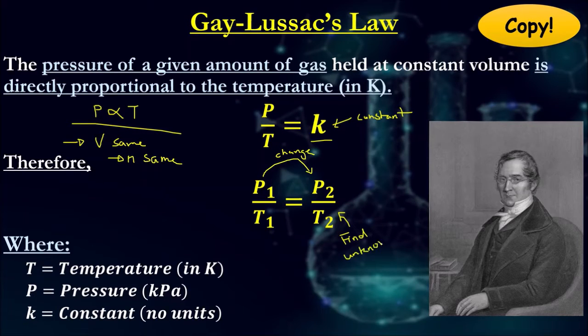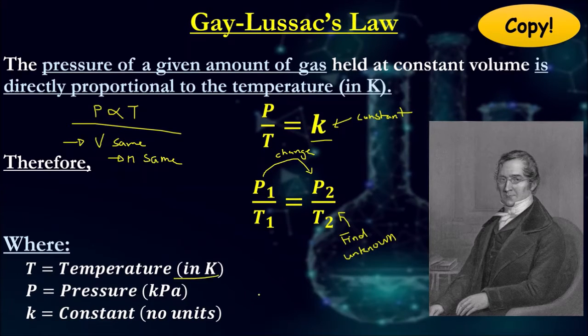That's the value of having K as the constant there. It allows us to note that the ratio between pressure and temperature will stay the same after the change has occurred, and so we can find the second variable, the unknown.